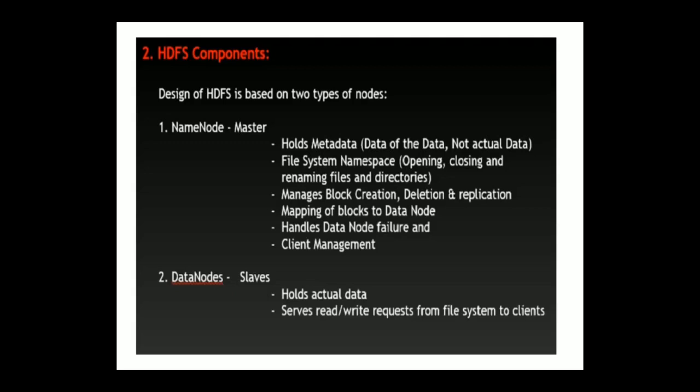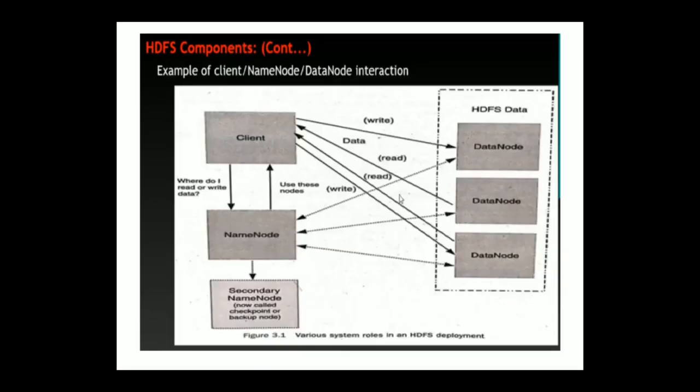The name node, in real life, works as a manager, while the data nodes work as employees under the manager. The data nodes hold the actual data and process it. The work of the name node is to distribute the work among the data nodes.